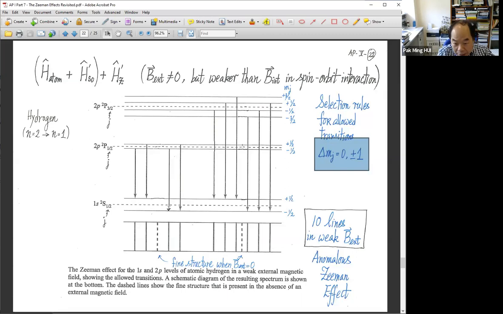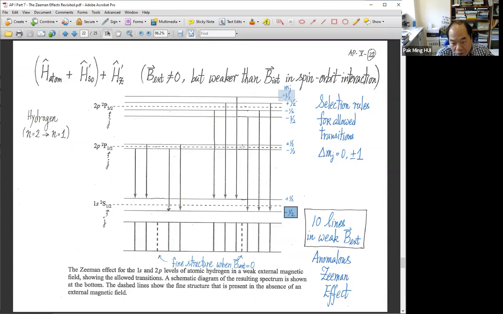Okay, so at this moment, I will just claim this selection rule, and then we can work out according to this rule, what are the allowed transitions. Take this upper 2p, mj equals 3 half. It is going to the 1s state. So there is a half and a minus half mj.